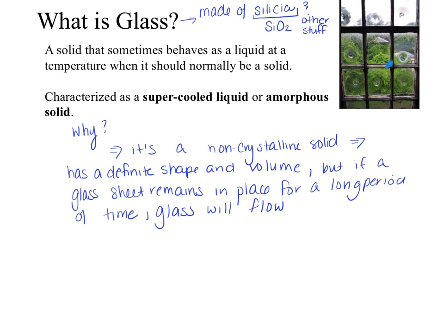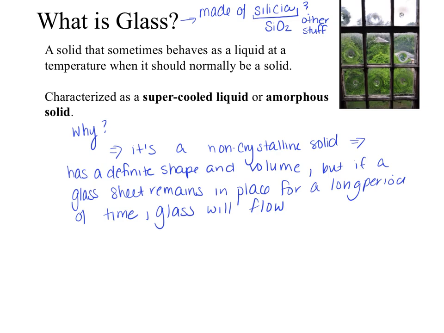So I have a picture up here of old windows that eventually appear wavy. Glass is not rigid, it will move at a really, really slow speed. Now, the reason it does that is because glass has a different atomic structure than a typical solid.